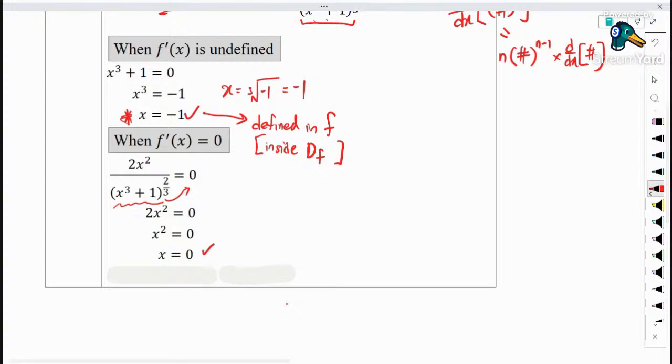And of course, once again, double confirm whether this x value is within the domain of f or not. Then only do we come to the conclusion that these two are the critical numbers, which are the x coordinates of the critical points. So there goes the answer we have for this section A, question number 3.